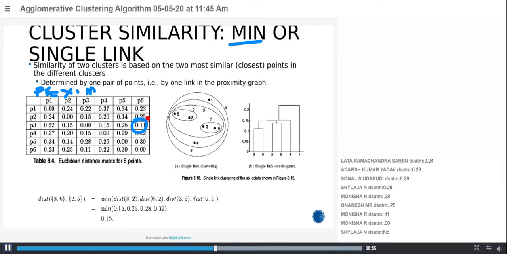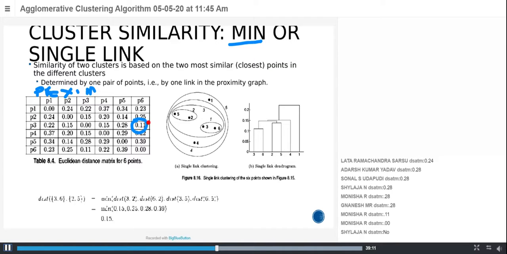There is 0.00, but that is the distance from a point to the same point. We cannot consider that. The distance between P1 and P1 is of course 0. So we need to calculate the distance between any two different points, not the same point.